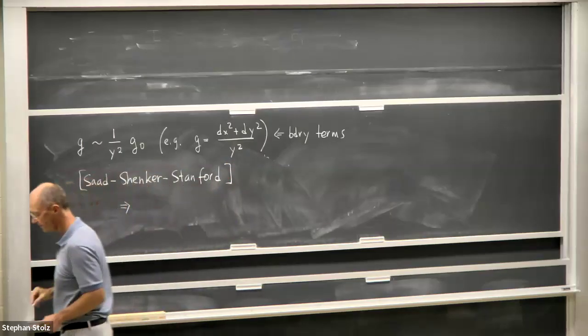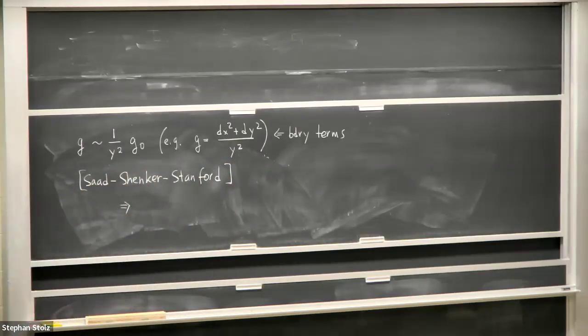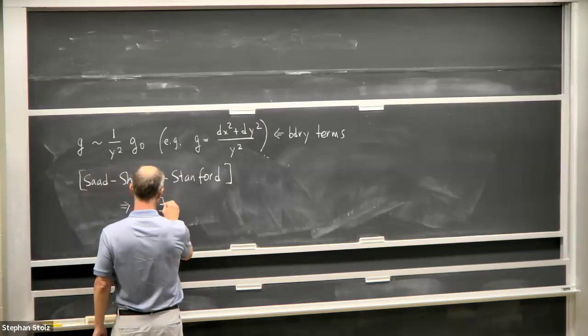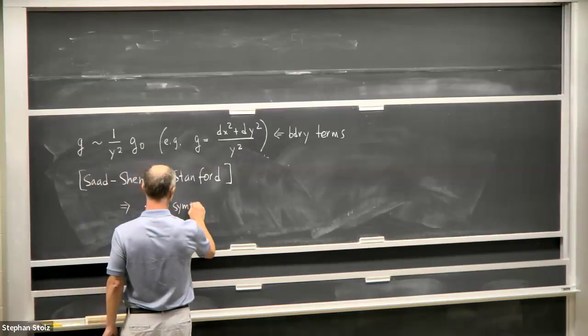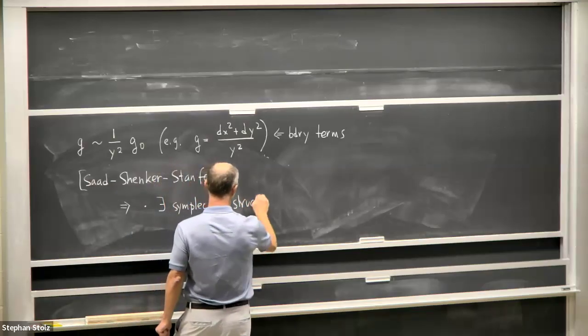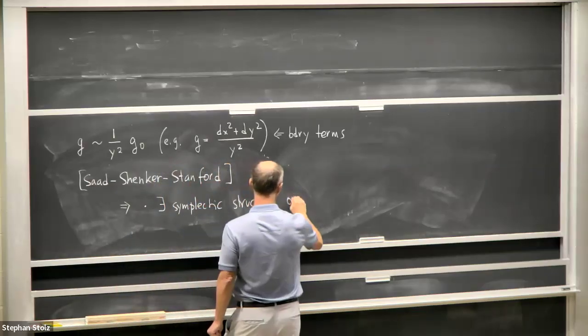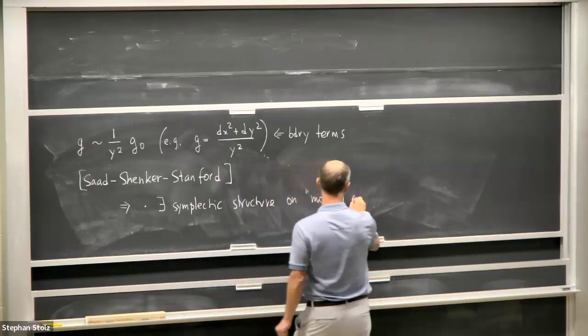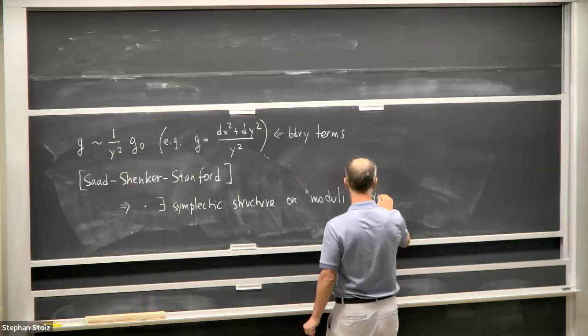And what this paper is saying, it's saying many things, but one interpretation of part of these things, maybe like the beginning of the paper, is as follows. So there is a symplectic structure on, let me put it this way, moduli of hyperbolic metrics.